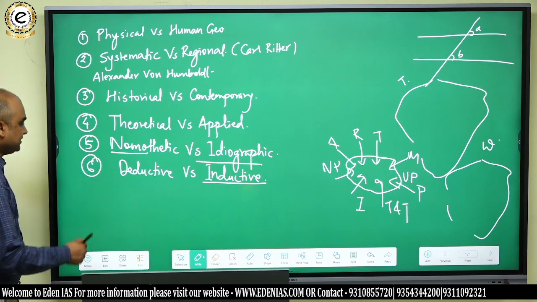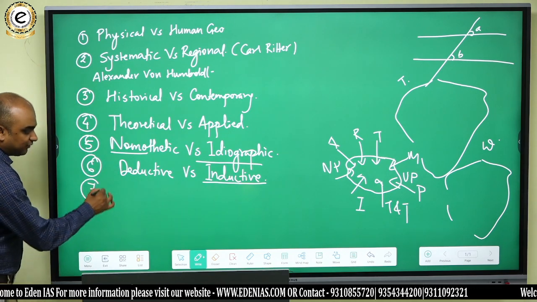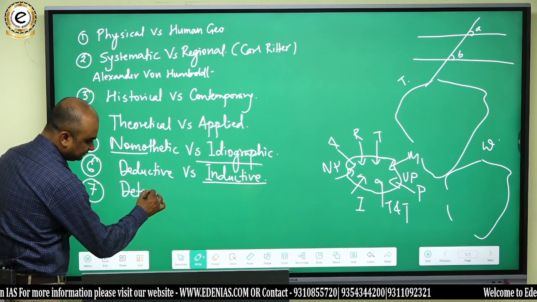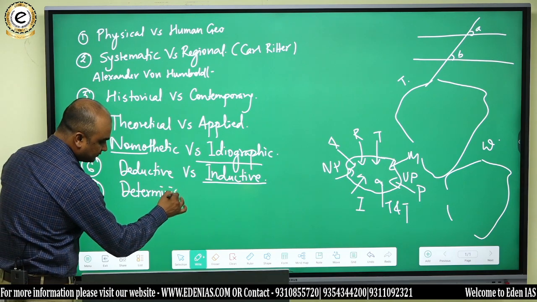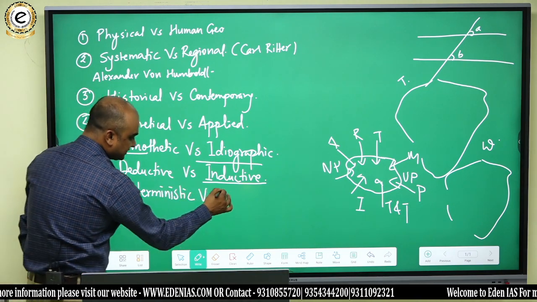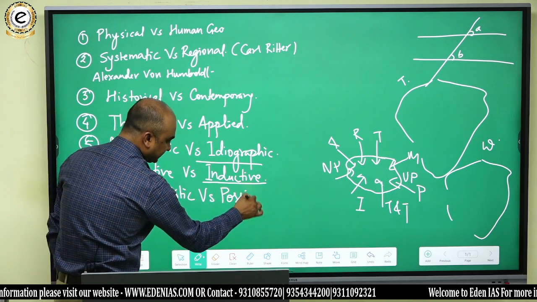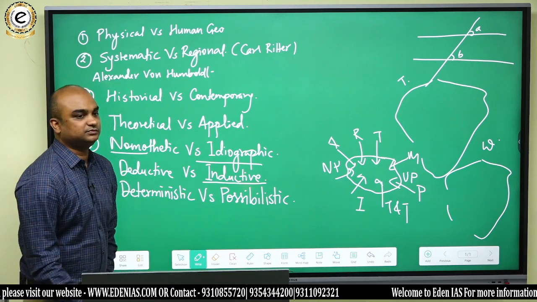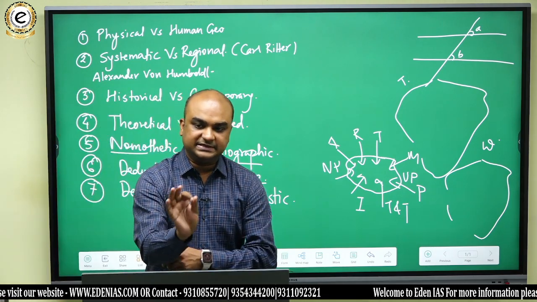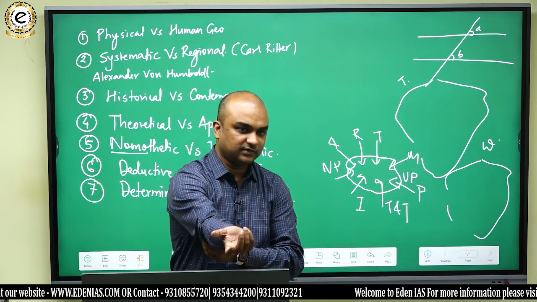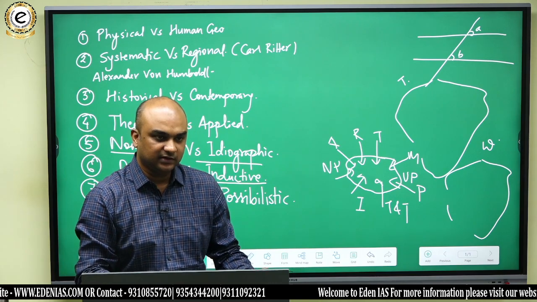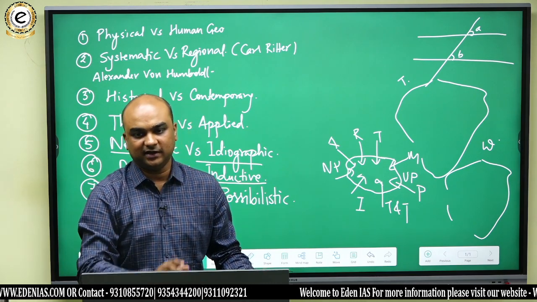Got that? Now, the seventh type of dichotomy is deterministic versus possibilistic. Now look, what does the deterministic approach say? It says that whatever we are doing in our life, nature is determining that.